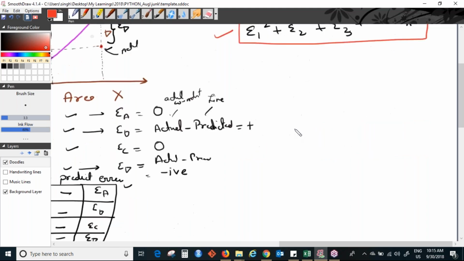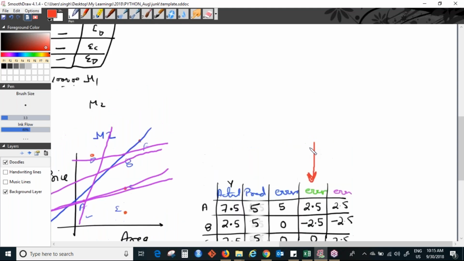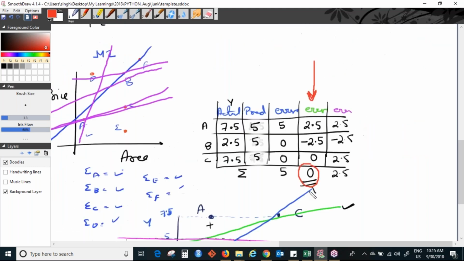Because otherwise the errors might cancel each other and we may think that this line is the perfect line. Look at the issue that we faced here. Looking at this 0, we thought that this line is the perfect line, that it has 0 error, but actually it does have some error. To remove that misconception, we take the squared error so that the positive and the negative do not cancel each other and we get some amount of error.